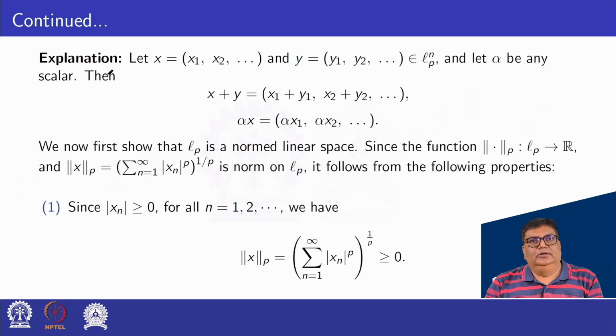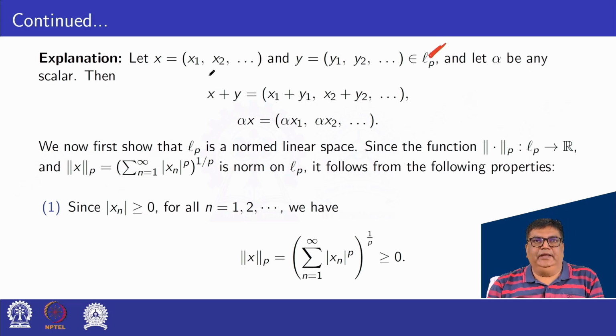Here we have taken two sequences, x equal to x1, x2 and so on, and y equal to y1, y2 and so on, belonging to LP, not LPn. Here it should be only LP.